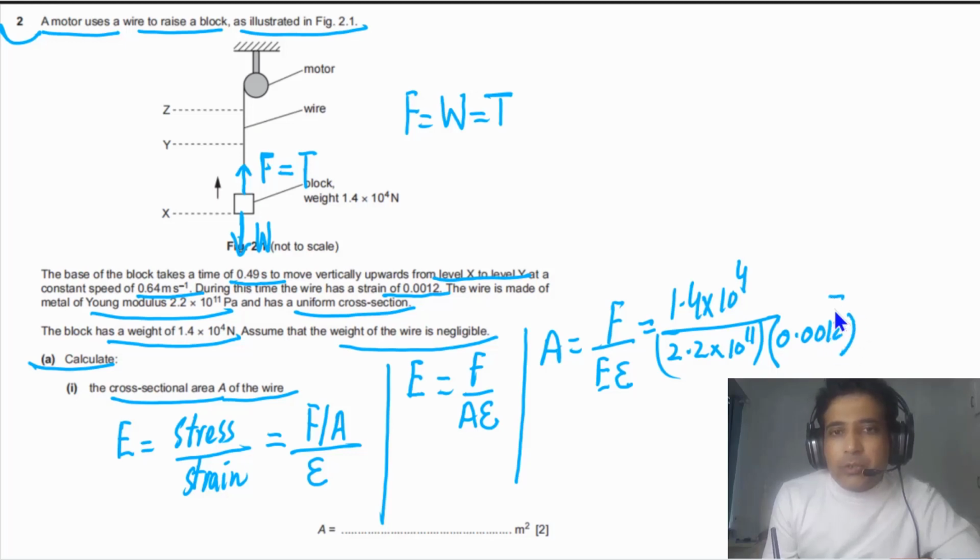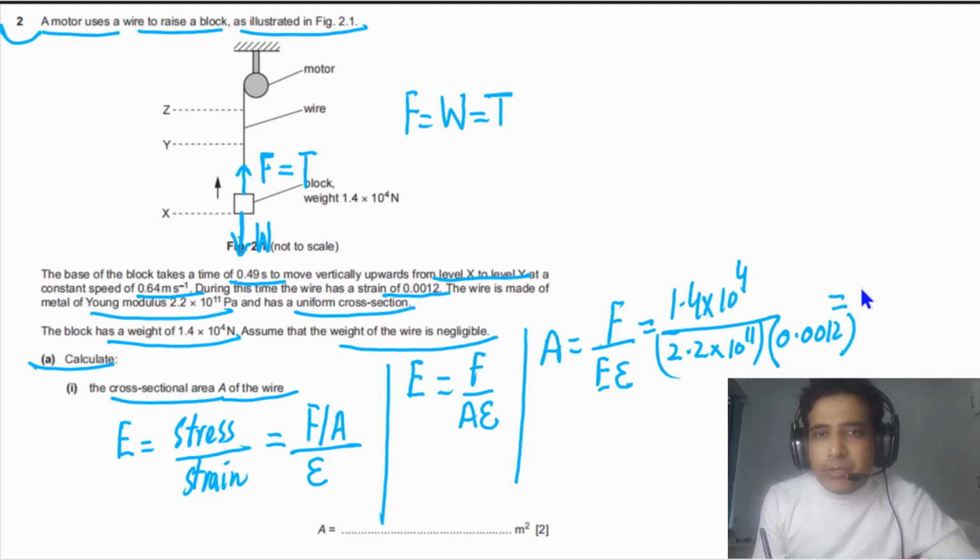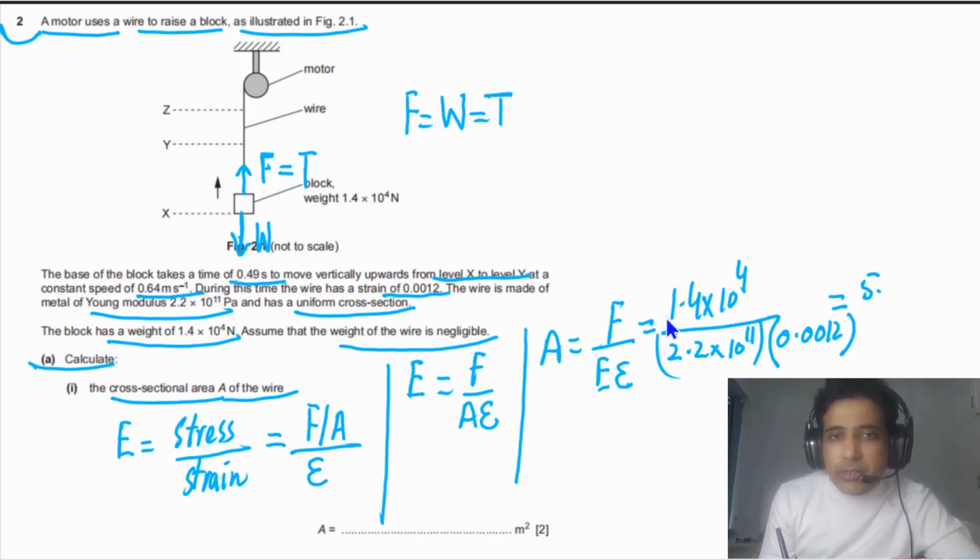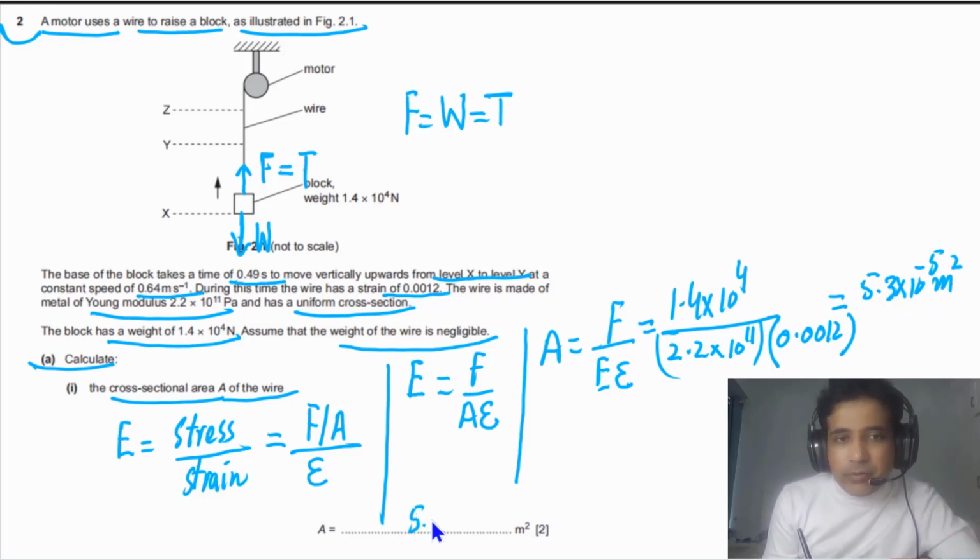If we solve this, our final answer is up to 2 SF, because the least number of SF in the given data is 2 SF. So our final answer is 5.3 times 10 to minus 5 meter square, because the SI unit of area is meter square.